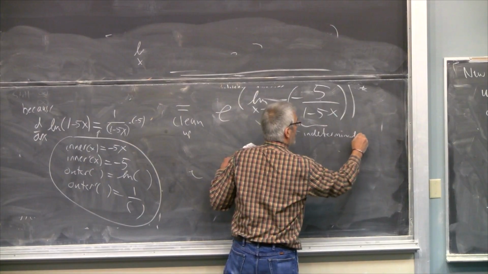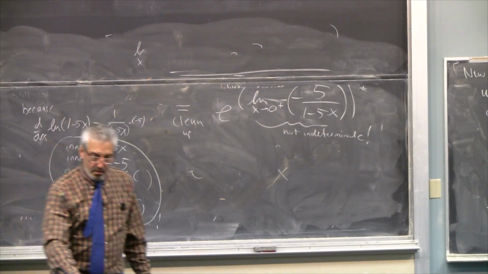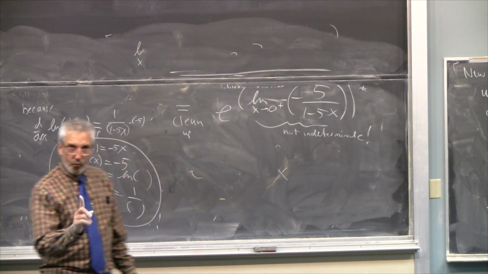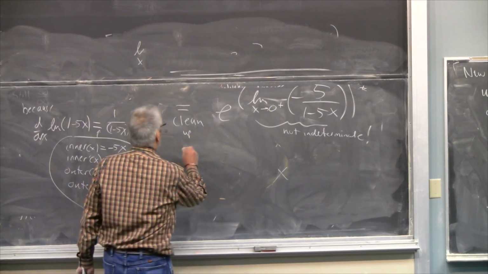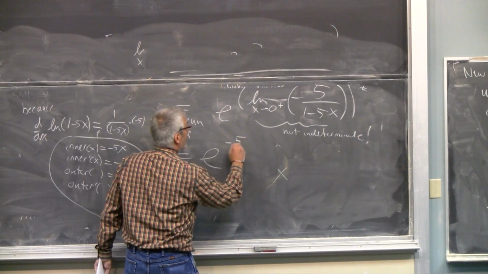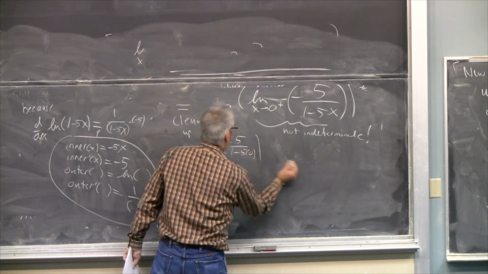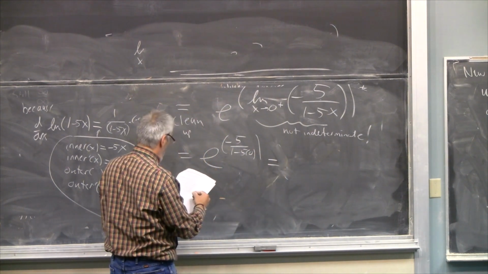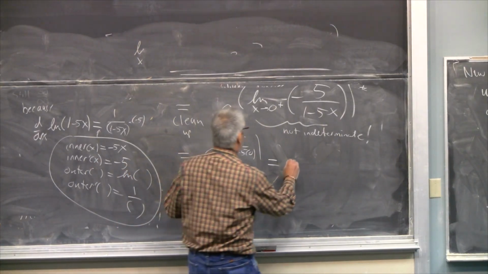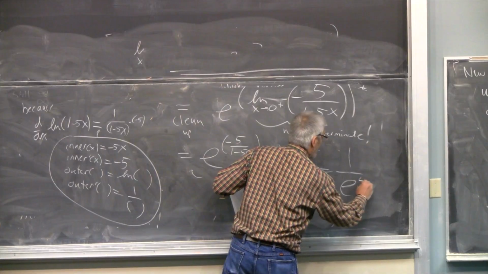I applied L'Hopital's rule to that limit on the inside. So this limit is e to the minus 5 over 1 minus 5 times 0. So that's e to the minus 5. So that's 1 over e to the 5.